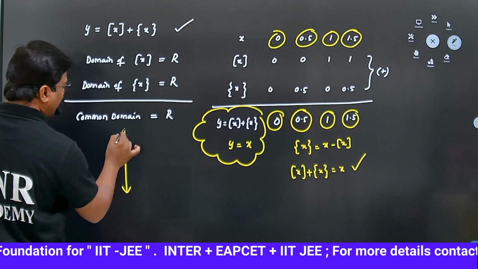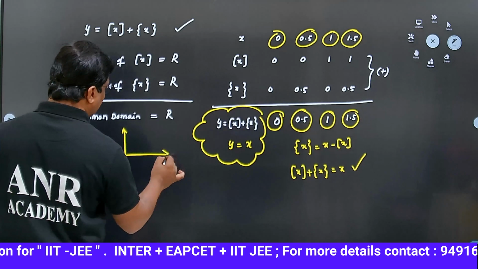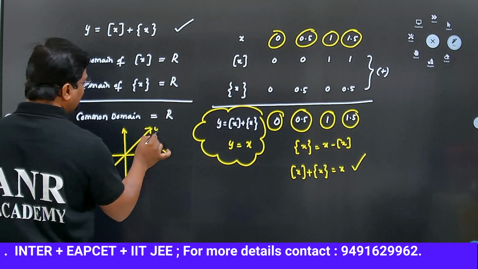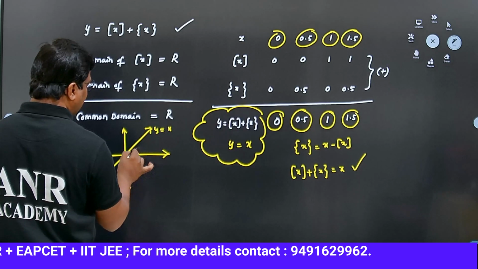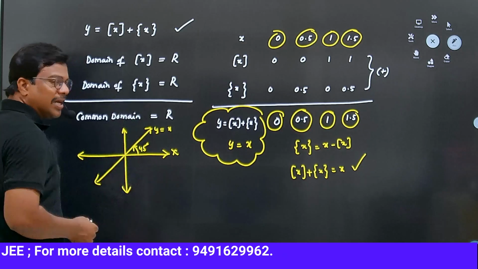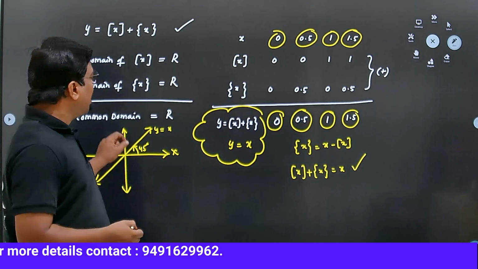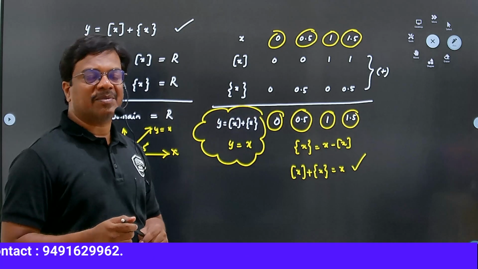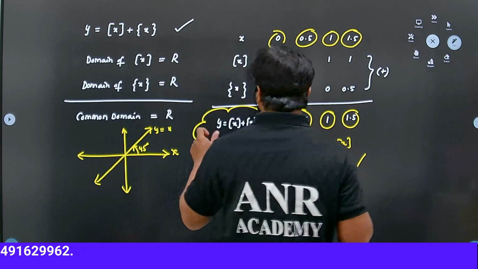The y equal to x graph indicates a straight line passing through the origin that makes an angle of 45 degrees with the positive direction of the x axis in the counterclockwise sense. This is how to draw the graph of a combination of two different types of functions. Let us move to another example.